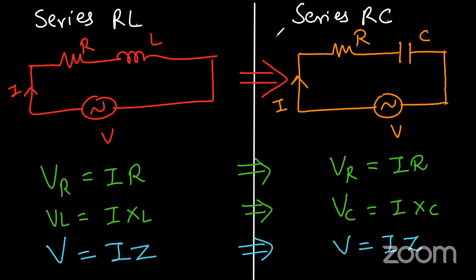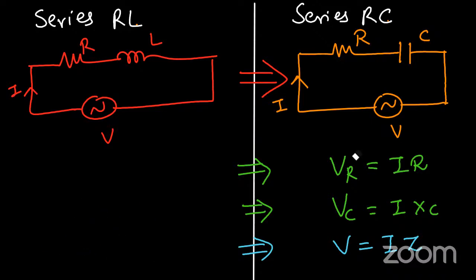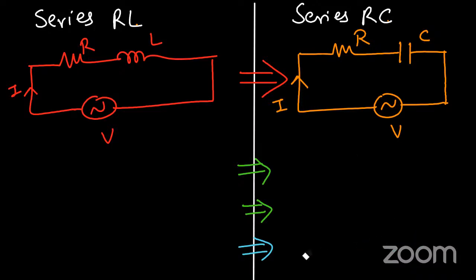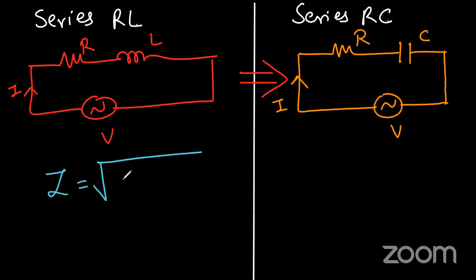Okay. After that we'll go for the impedance. What is Z? After that I have to find Z. Will Z be the same? Answer is no. Let's see. Then we go for the Z. Z is equal to square root of R square plus XL square. And the unit is ohm.